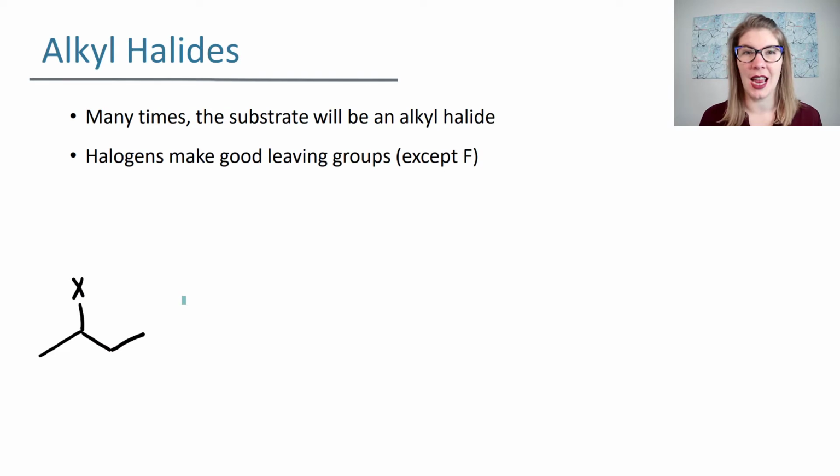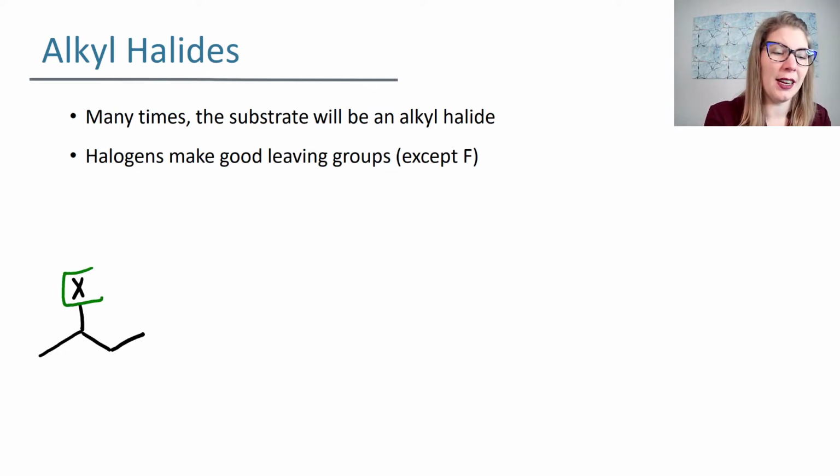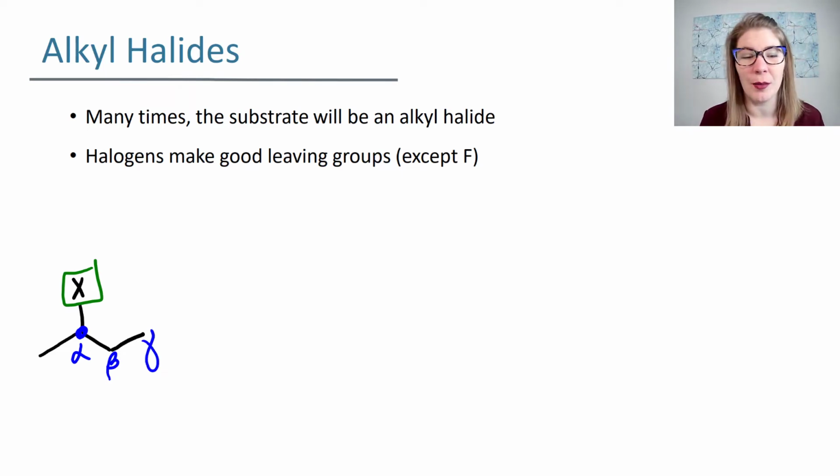A lot of the time, your substrates are going to be alkyl halides. Remember that halogens make good leaving groups, with the exception of fluorine. Fluorine stinks. Horrible leaving group. So when we're looking at your alkyl halides, remember, we will find our leaving group, we back up one atom, that's your alpha carbon, here's your beta, and if you want to get crazy, there's your gamma.